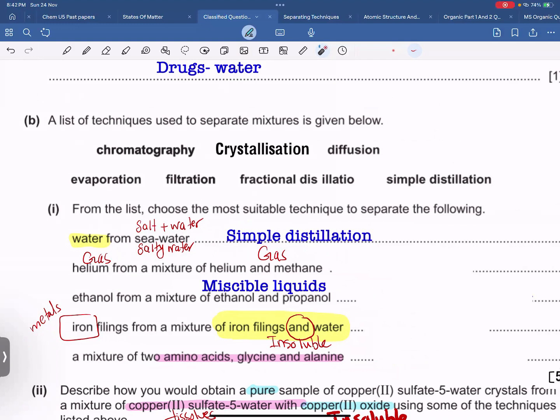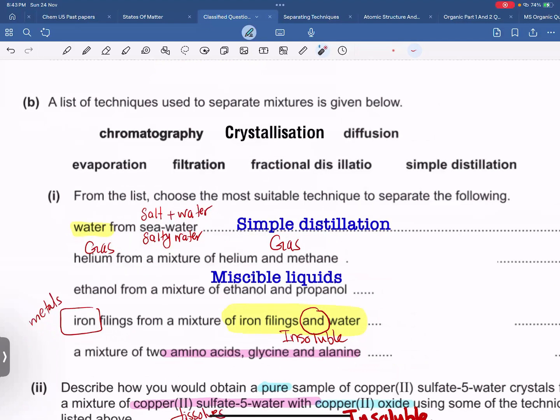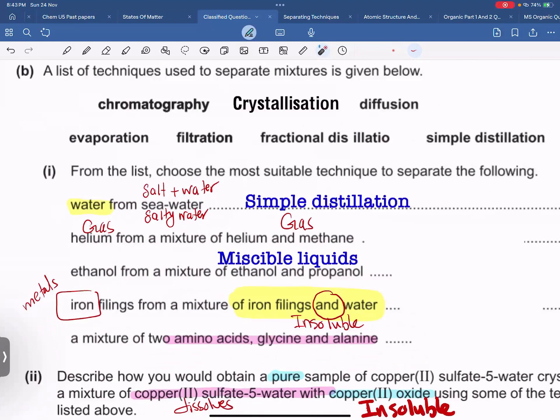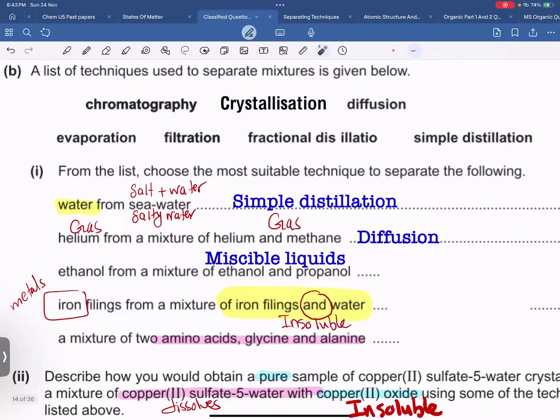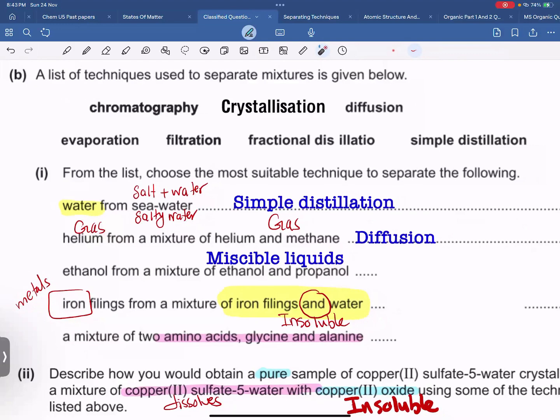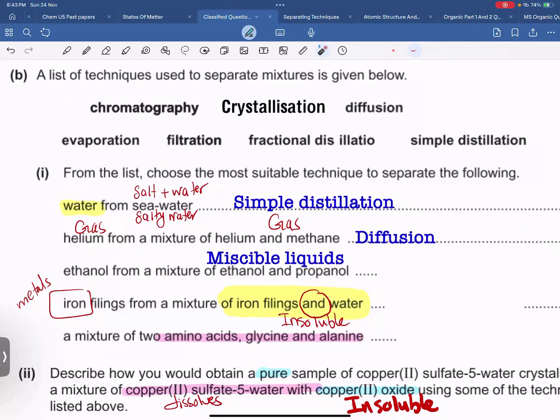So if you want to obtain water from seawater, seawater is already a solution, so use simple distillation. Helium is a gas. From a mixture of gases, helium and methane, so by using diffusion, okay, different mass diffuse with different rate.